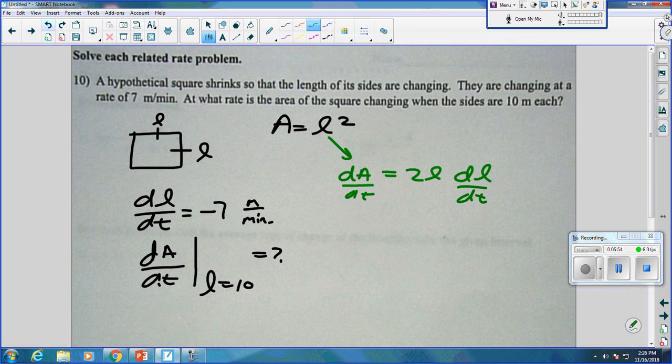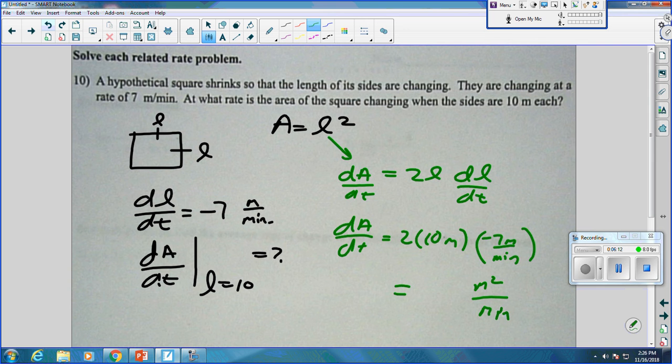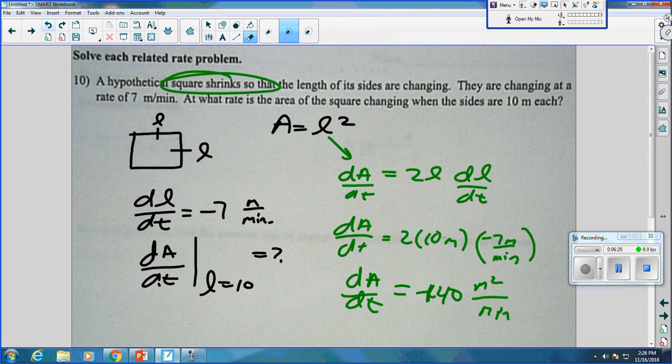And then I get what? dA/dt equals 2 times 10 meters times -7 meters per minute. Oh, look at the units become. Holy cow, meters squared per minute. It's almost like it's area per minute. How about -140? And that's dA/dt. And we would expect the rate of change in the area to be negative since the side is shrinking. All right? All right.